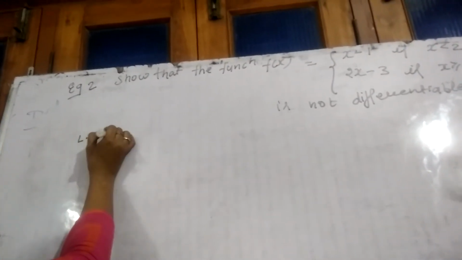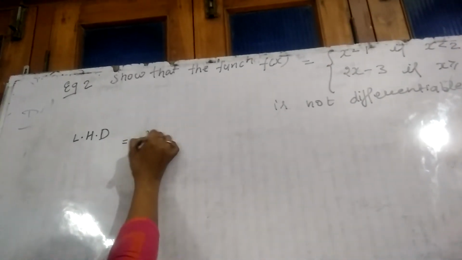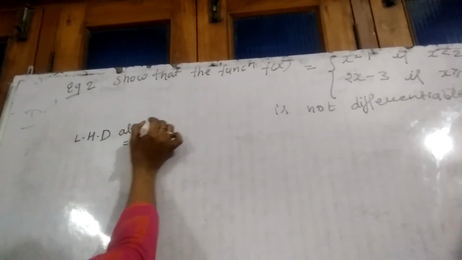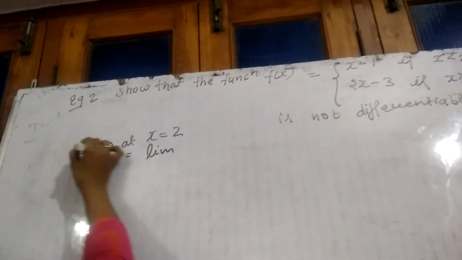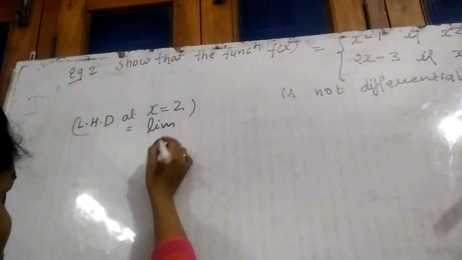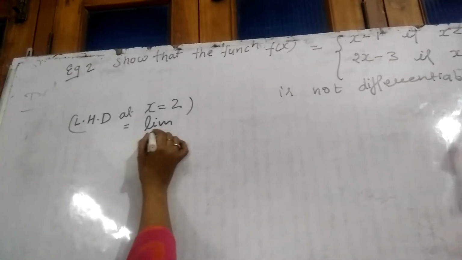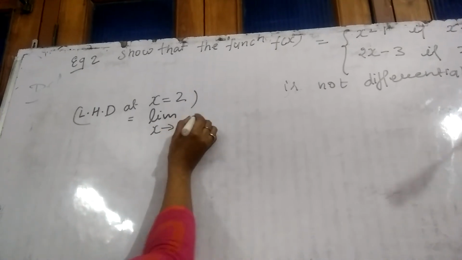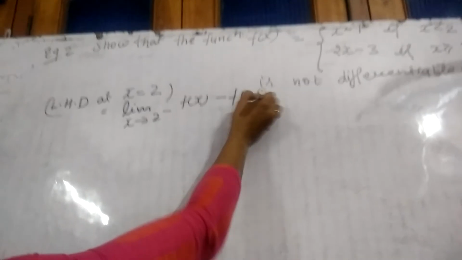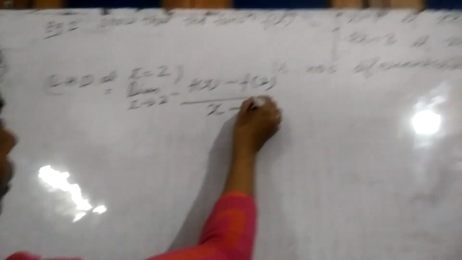The left hand derivative at x = 2 is the limit as x tends to 2 minus of (f(x) - f(2)) upon (x - 2).